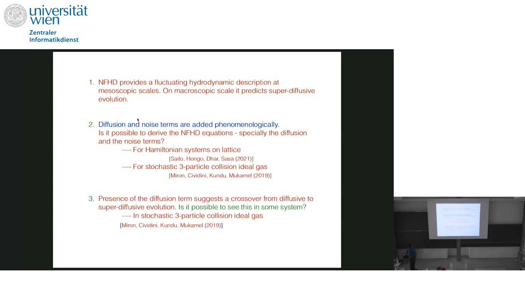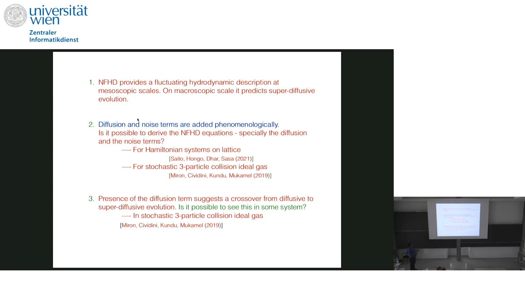This is work done by Abhishek, Shinichi, Keiji, and Hongo. They tried to derive this equation for Hamiltonian systems with short-range interactions on a lattice in general, and they use a projection operator method.